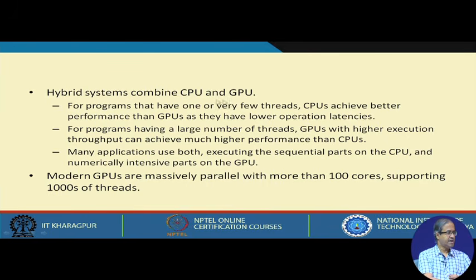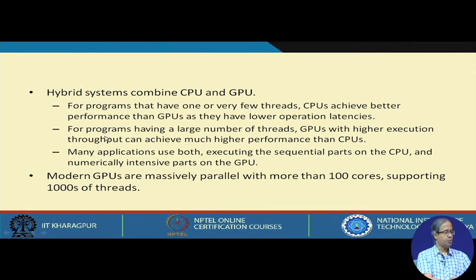So, here as I said, today you have many parallel computing systems which are available in the market, which combine CPU and GPU. For applications where the number of threads are very less, which do not use multi-threading to that extent, CPUs work better, because CPUs with a few threads are much more efficient, their instruction sets are much more powerful, their operation latencies are also less.